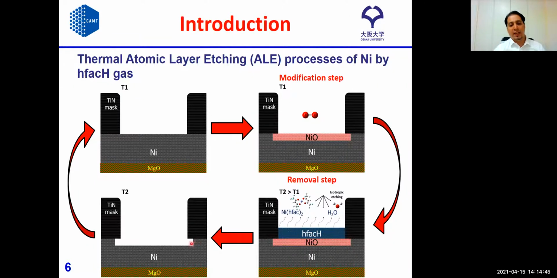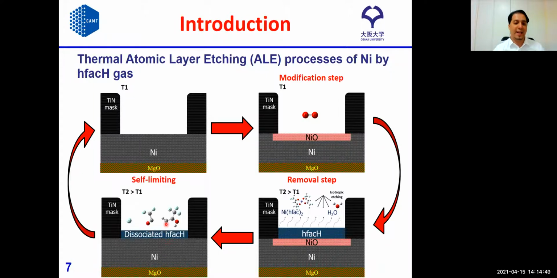After we remove the nickel oxide layer, the etchant gas will be dissipated as long as we keep pumping, because it doesn't interact stably with the pure metallic surface, and this is what is called self-limiting in these processes.